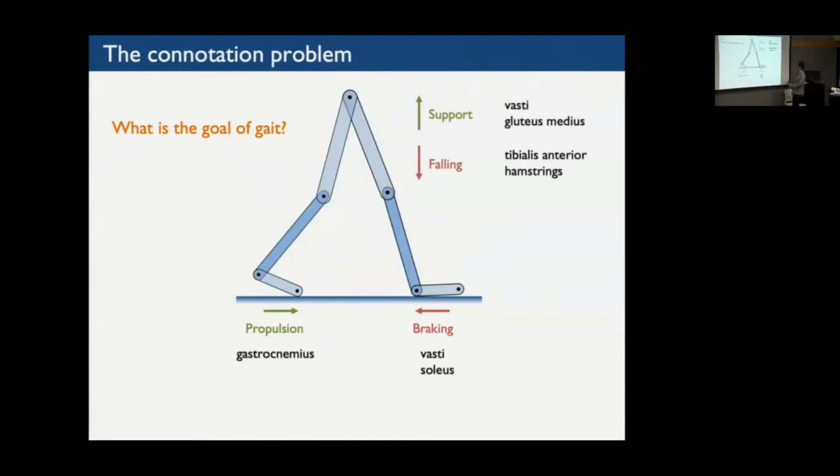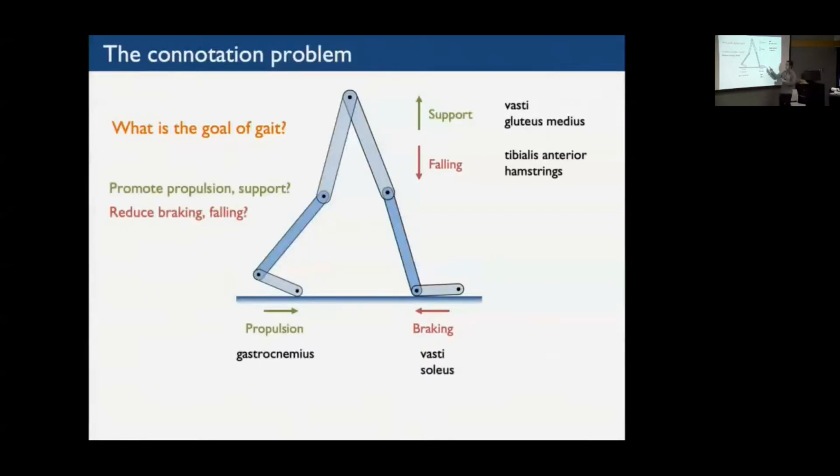And then here are the muscles that are associated with those things using muscle-induced acceleration analysis. The vasti and the soleus contribute to braking, the gastrocnemius contributes to propulsion, and this sounds like we are gaining understanding, but I'm not sure what to do with this information.